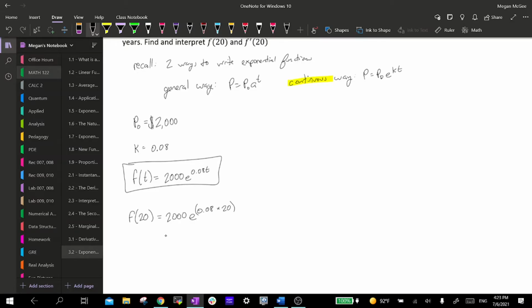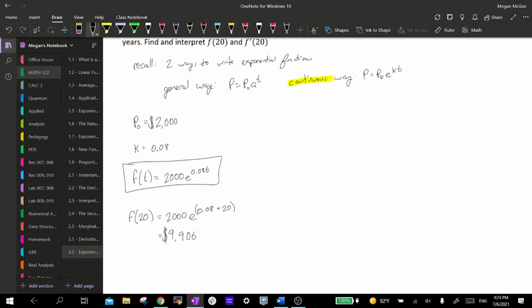Okay, so if we go ahead and plug this into a calculator, we will end up with 9,906. And this is the balance after t years. So this is going to be in dollars, right?